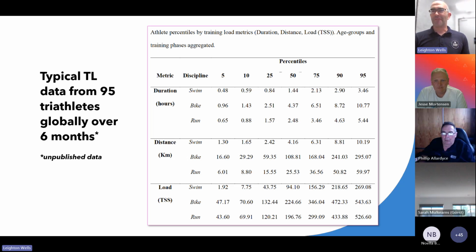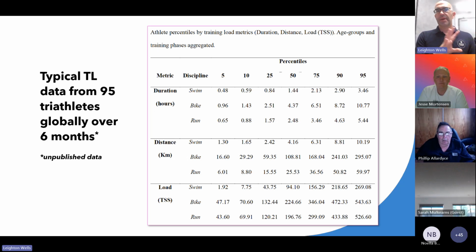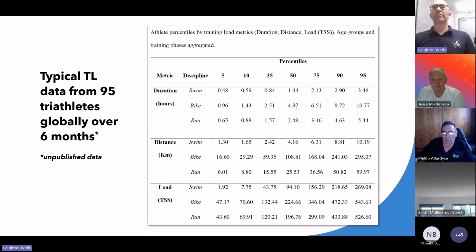But we're fairly confident, to the extent that we've submitted to a top-end journal, and we hope to have that come back. As I said, there will also be a web app where you can plug in training phase, race distance preference, sex, and age, and see how your data, or your athlete's data, compares to this particular cohort, which we think is representative of age group triathletes around the world.